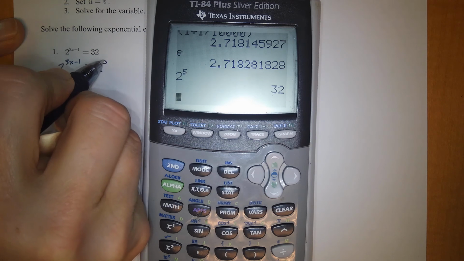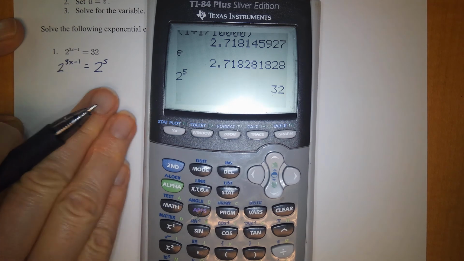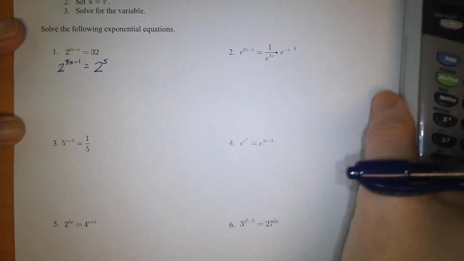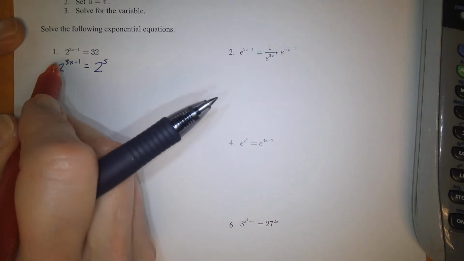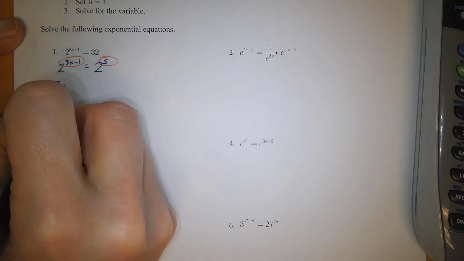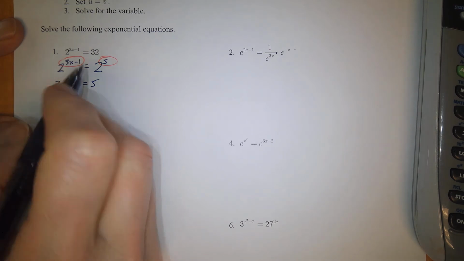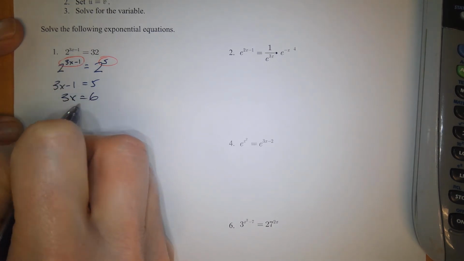So I could rewrite 32 as 2 to the 5th power. And the reason I like to do that is so I can have matching bases. Once I have matching bases, I know that their exponents must be equal. So I could state that 3x minus 1 equals 5 and simply just solve for x. Add 1 to both sides and divide by 3.